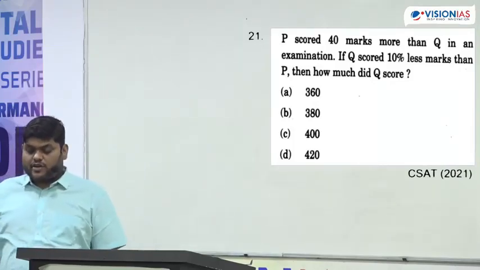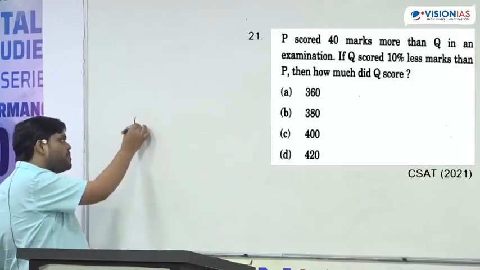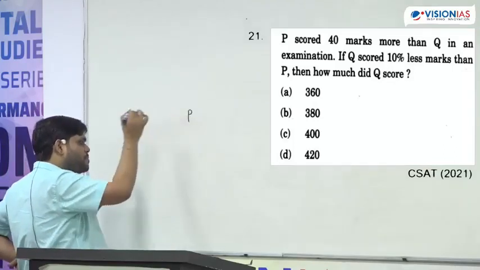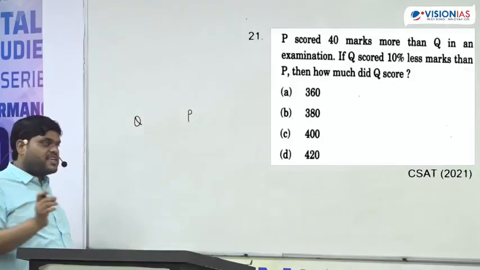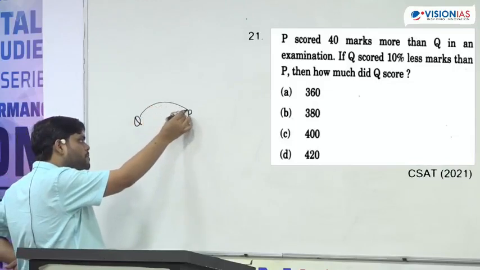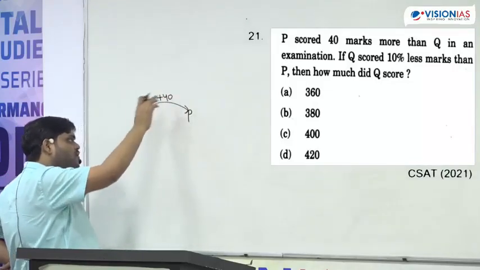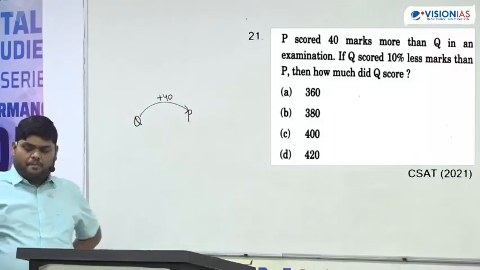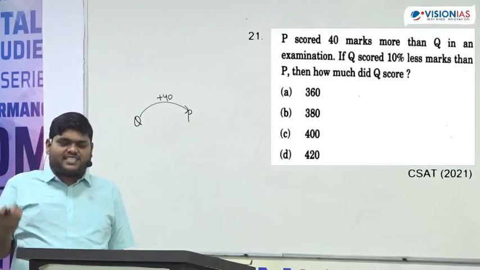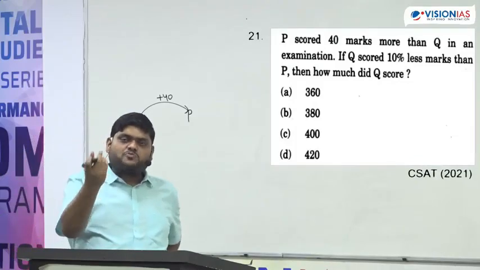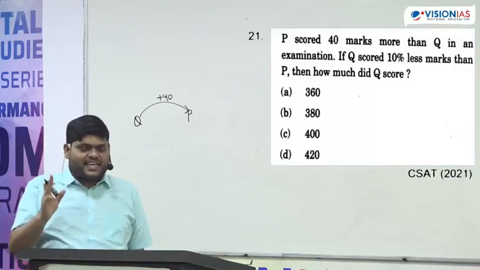P scores 40 marks more than Q. See, there are two persons, Q and P. The question is saying that P scores 40 marks more than Q. That means the marks of P are 40 marks more than Q. And see, if I say you have 10 rupees more than me, this statement can be said in two ways.